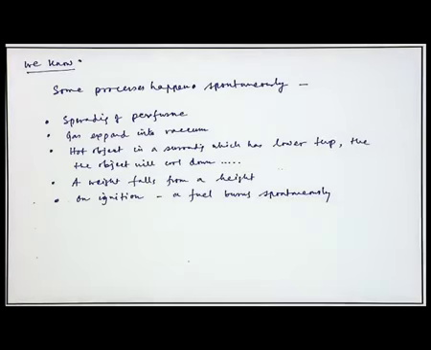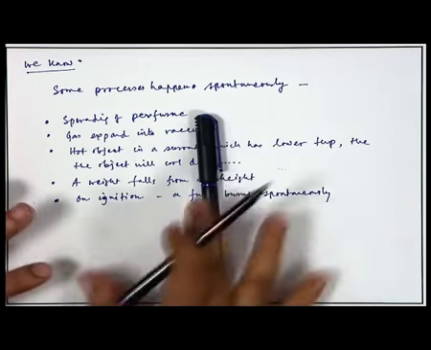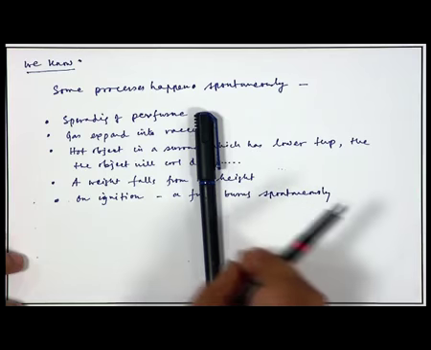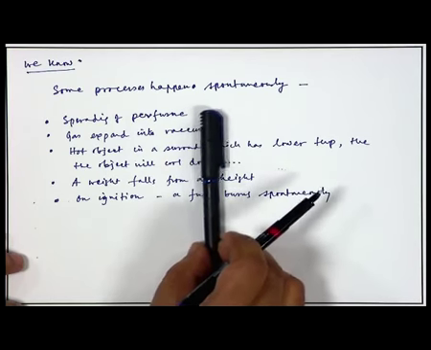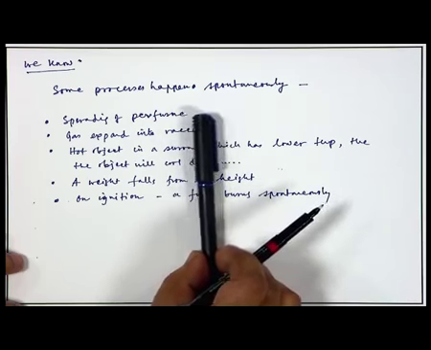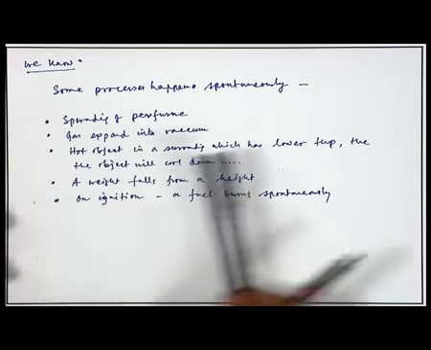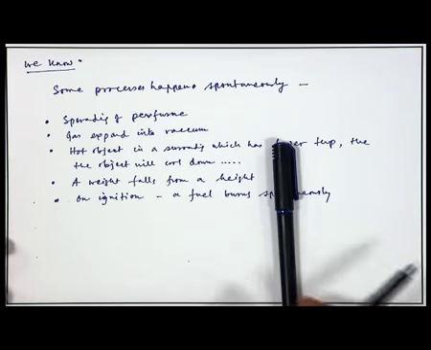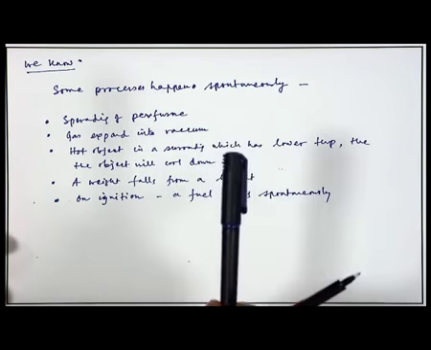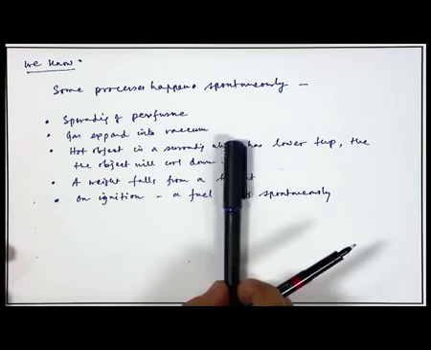If I keep this pen at the same temperature as outside, it will never happen that heat suddenly comes and heats the pen to a higher temperature. Those are the processes we call non-spontaneous. If I keep this pen here, it will not automatically go up.